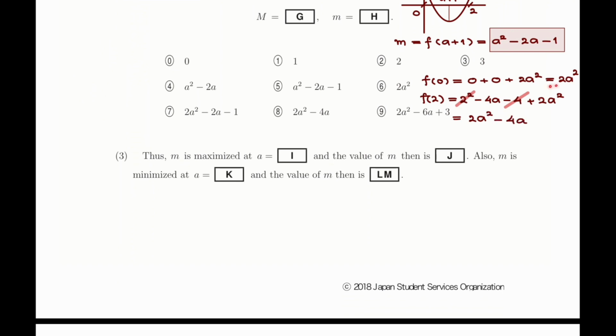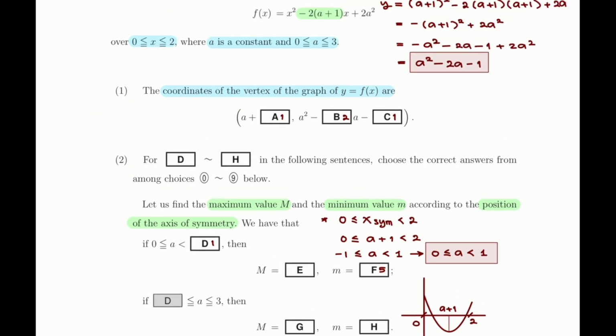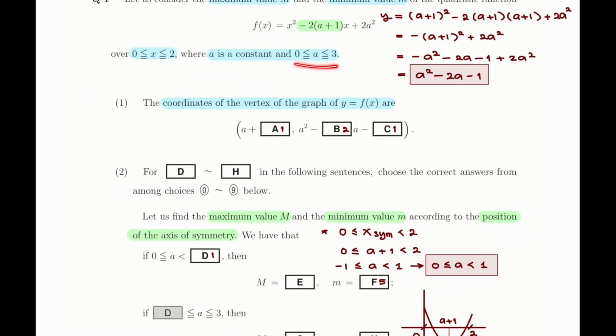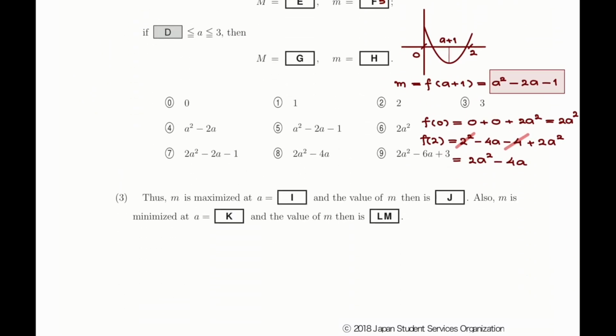As you can see from these two expressions, of course 2a square is greater than 2a square minus 4a, because our value of a is from 0 until 3, which is a positive constant. If you put any positive constant into this expression, it will always be less than 2a square.